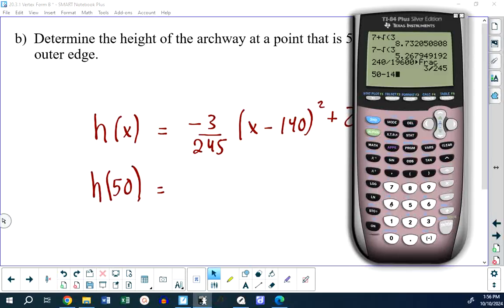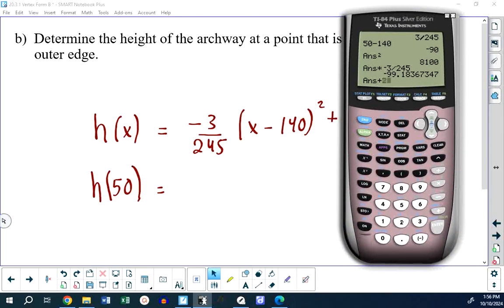I'm old school math-wise, so I tend to do things in little chippy steps here. 50 minus 140 squared times negative 3 over 245 plus 240. The height is about 140 centimeters. That cannot be.